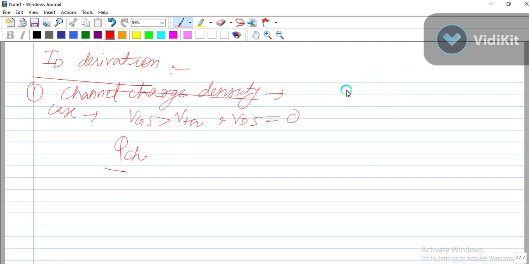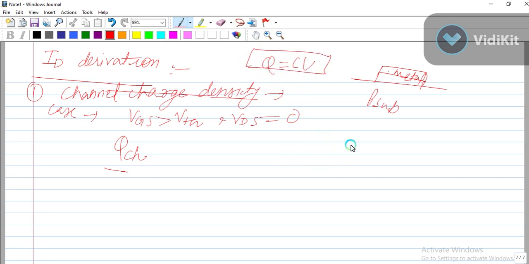We know that this MOSFET is like a capacitance. This is the dielectric, this is the P substrate, and this is the metal. So it's like a capacitance, and Q will be CV.